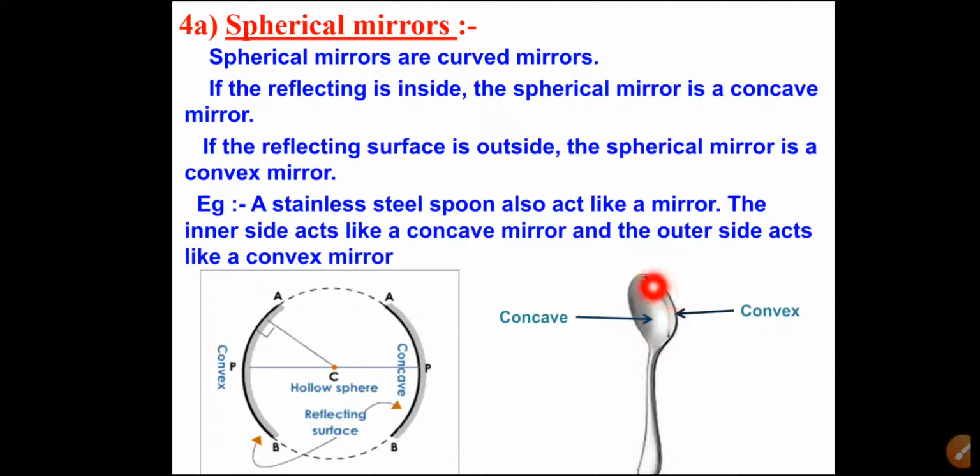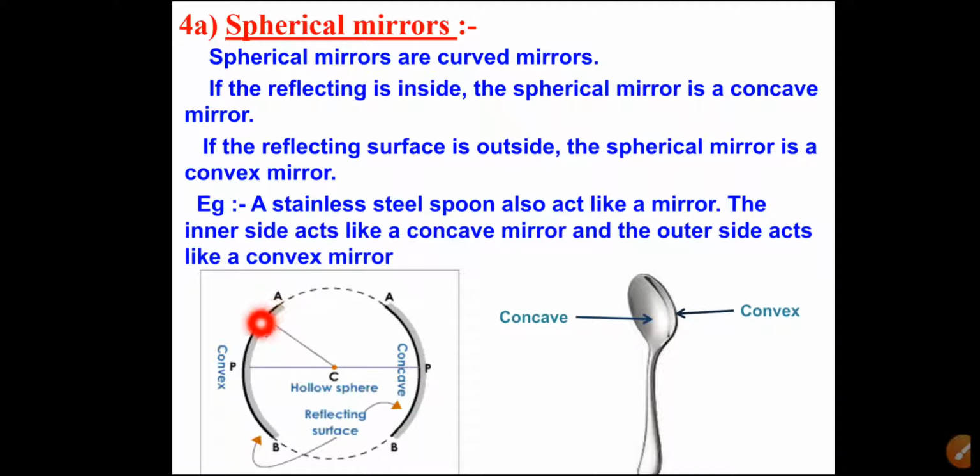The inside surface is a reflecting surface, so it acts as a concave mirror, and the outside surface is a reflecting surface, so it acts as a convex mirror.